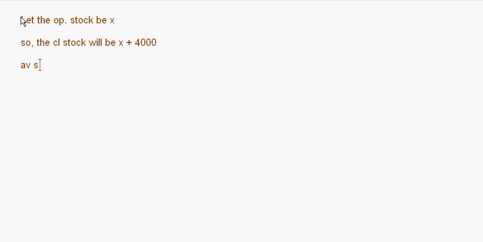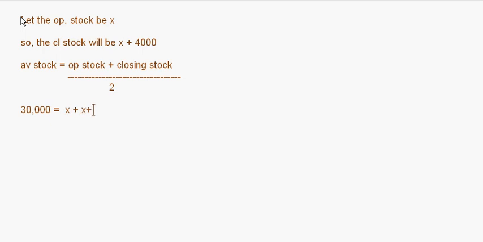So the average stock is equal to opening stock plus closing stock upon 2. Clear? So average stock we already calculated, that is 30,000. 30,000 is equal to X plus X plus 4,000 upon 2.